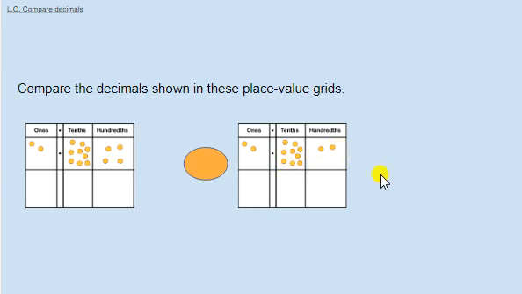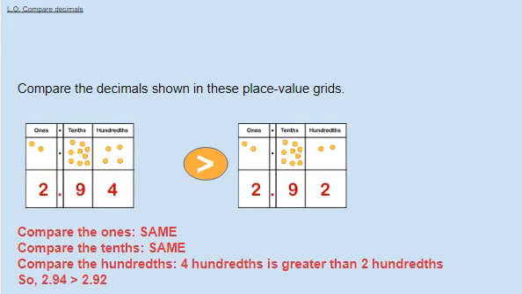So you might want to first start out by thinking about what these digits are going to be, and then think, is it more than, less than, or equal to? And if you think it's greater than, you are correct. Well done. It's 2.94 is greater than 2.92, because as you can see here, they're the same, and then it's the hundredths column where the difference is.